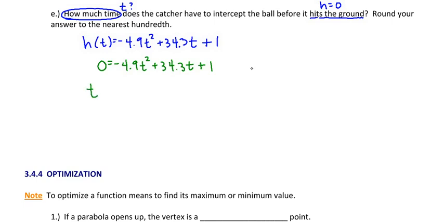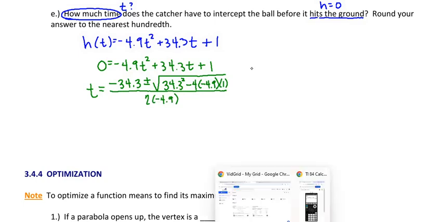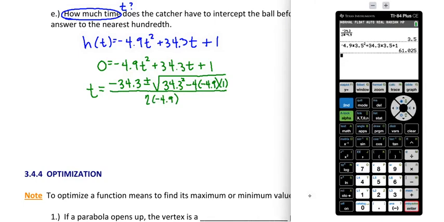So the t value of our solution is going to be negative b, that's negative 34.3, plus or minus the square root of b squared minus 4 times a, which is negative 4.9, times c, which is 1, all divided by 2 times a. So there's actually two possible answers here, one with the plus and one with the minus. I'll start by entering the one with the minus.